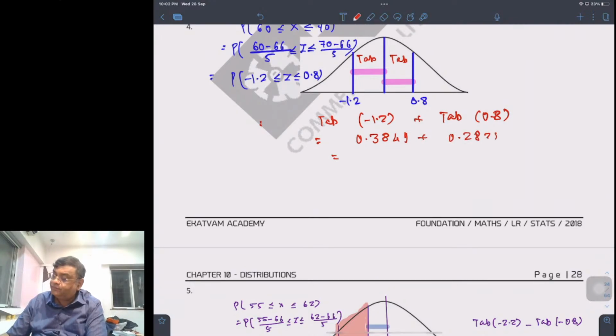Check and confirm. So what probability will you get? 0.3849 plus 0.2821, if this is correct, is equal to 0.667. So 0.667 means 66.7% of the area is between the given values 60 inches and 70 inches.